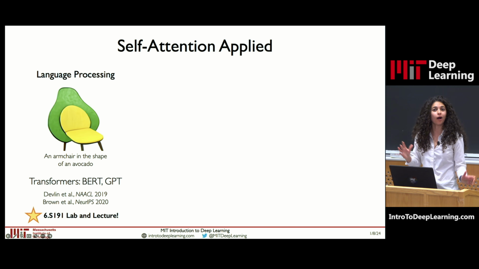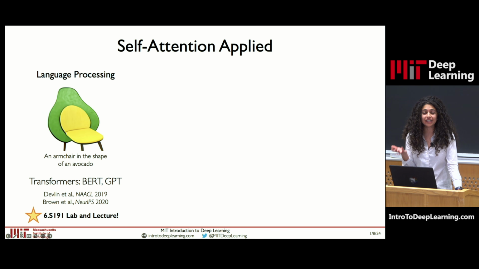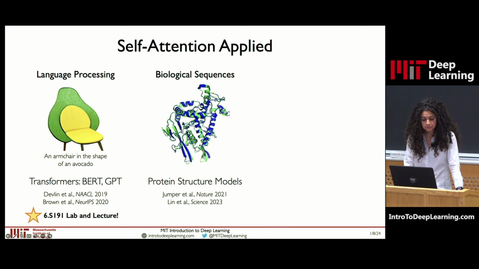Perhaps the most prominent and most notable is in natural language with models like GPT, which is the basis of a tool like ChatGPT. And we'll actually get hands-on experience building and fine-tuning large language models in the final lab of the course, and also go more into the details of these architectures later on as well.